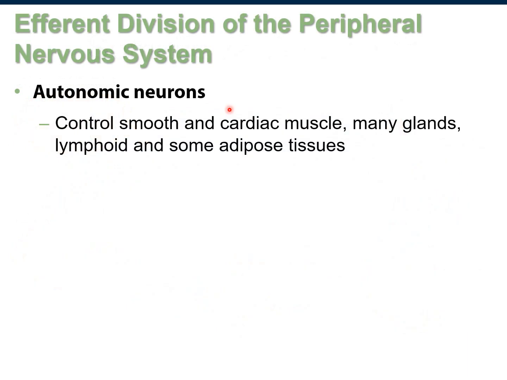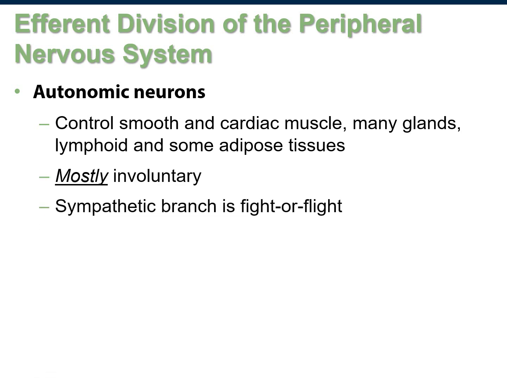So when you think autonomic nervous system, think autonomy. You're thinking things that are generally outside of cerebral conscious control: smooth muscle, heart, glands, and even adipose tissue indirectly through the endocrine system.